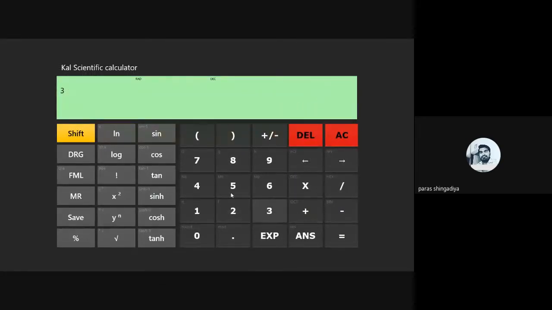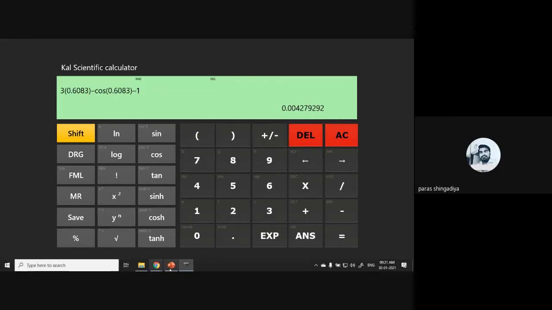We have 3 of 0.6083, that is 3x minus cos 0.6083, close the bracket, and minus 1. It is 3x minus cos x minus 1. Now check the output. That will be positive 0.00427. So just use this value as the function output.